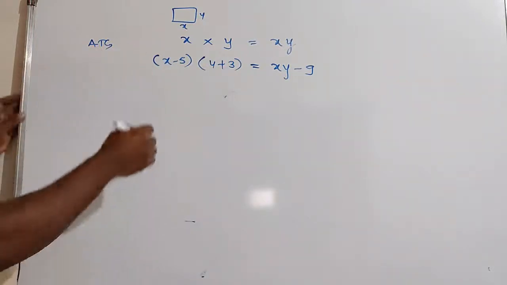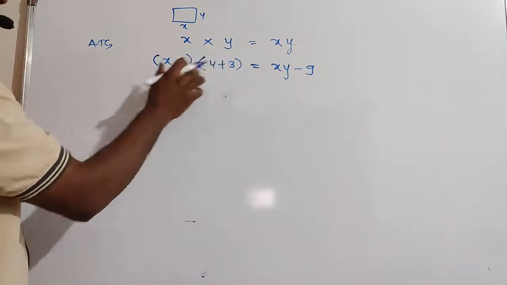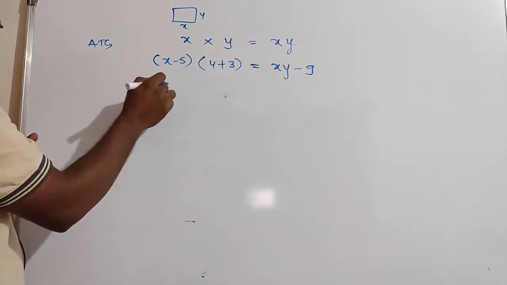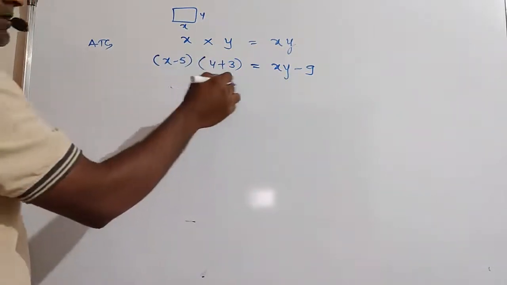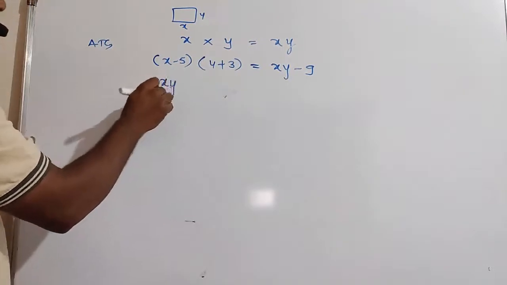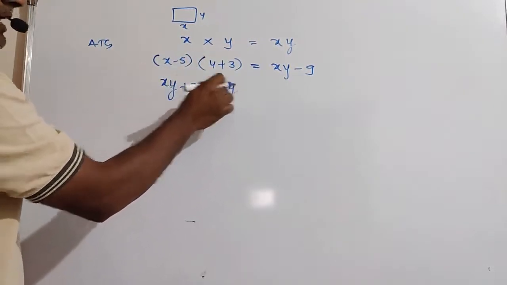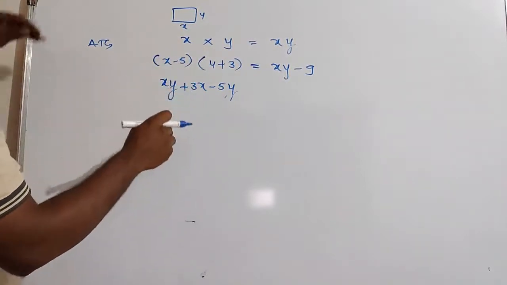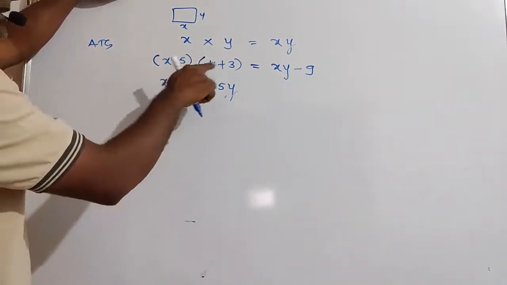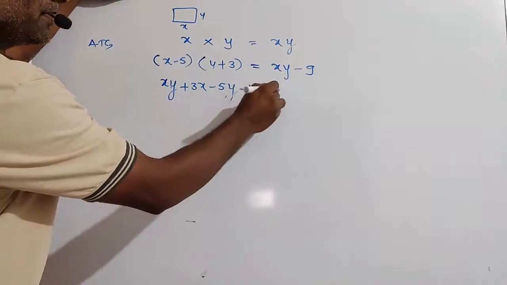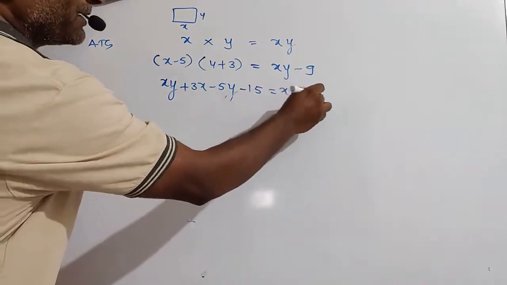Now we can simplify this. These two brackets we can multiply. So it will be equal to xy plus 3x minus 5y minus 15 is equal to xy minus 9.